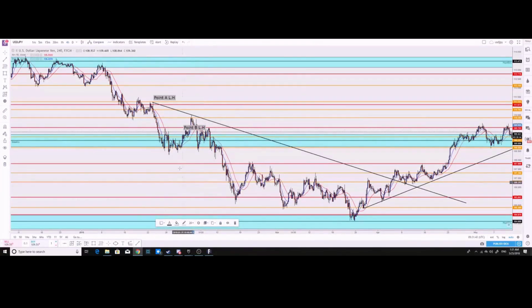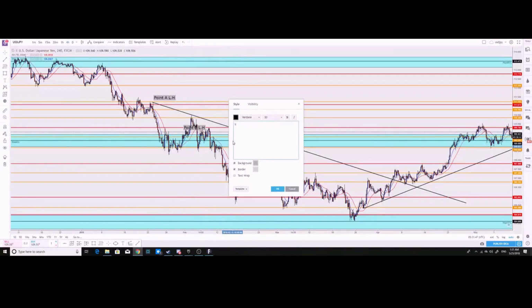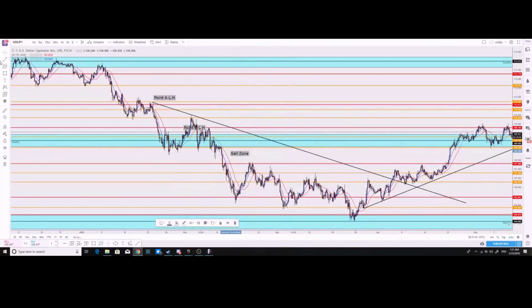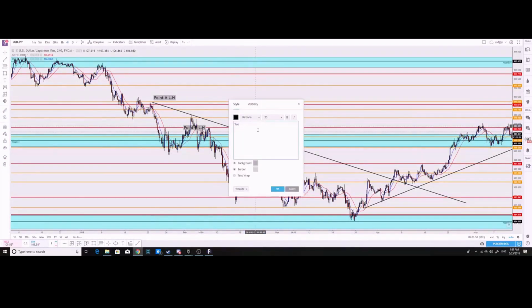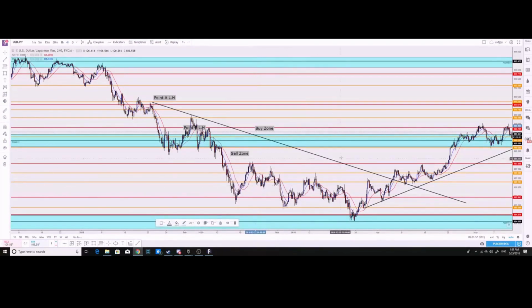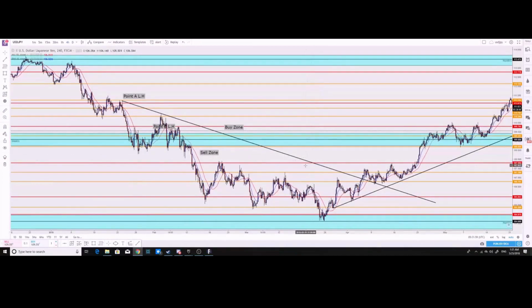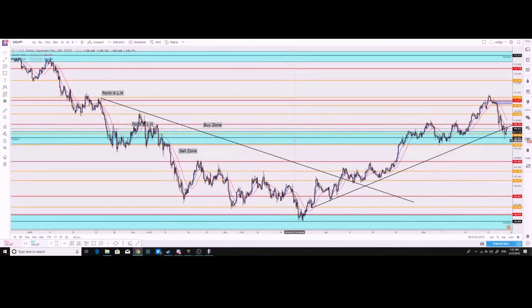It's as simple as that. Now, anything under the trend line is your sell zone. Anything above the trend line is your buy zone. Simple as that.